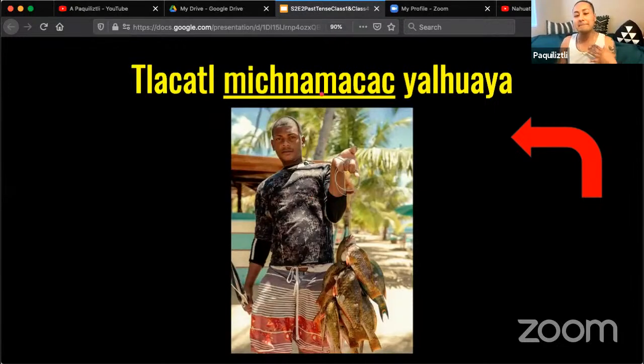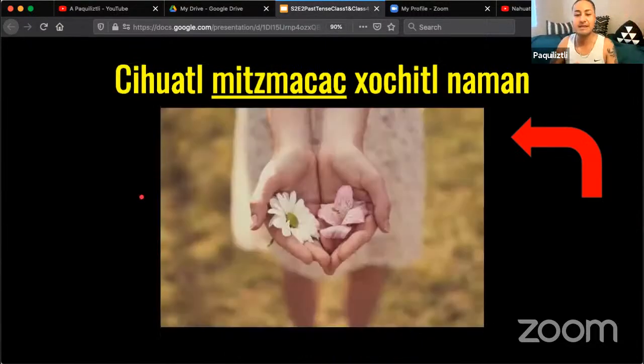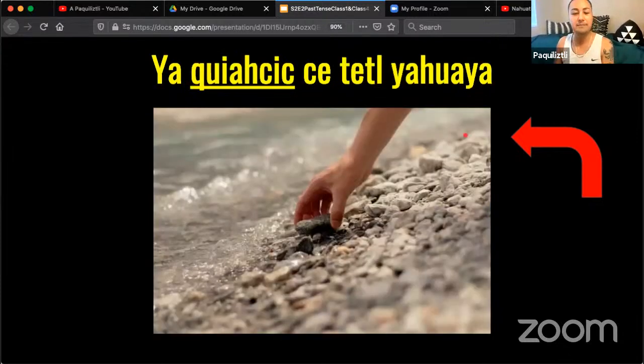Tlacat michnamacak yalwaya. Tlacat michnamacak yalwaya. Siwatl mitzmacac xochitl yalwaya. Ooh, I put naman in there, it should be yalwaya. Mitznamacac xochitl yalwaya. Okay?